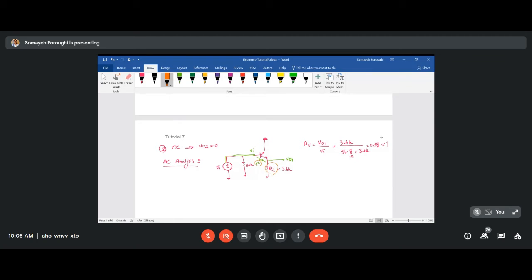But if you had something like a common emitter with a little RE in the emitter and another resistance in your base, then it's better to do resistance reflection and, instead of RE, work with R pi and bring this RE up onto your base. But it's not necessary here. It's just some extra work to do.